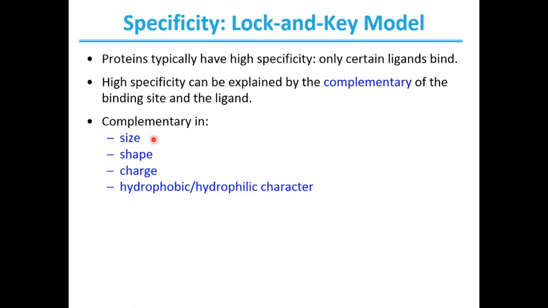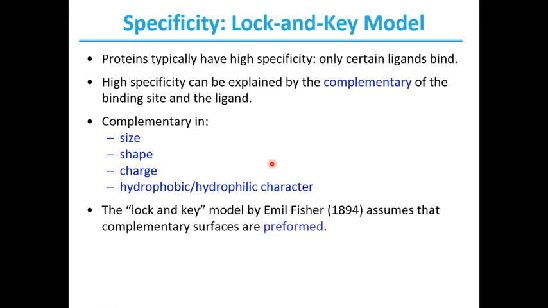Complementarity in size, shape, charge, or hydrophobic and hydrophilic character of proteins. The lock and key model was first proposed by Emil Fischer, and it assumes that the complementary surfaces are preformed, which means that a protein has evolved with a specific complementary surface for a specific ligand.